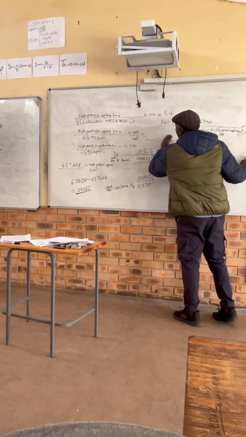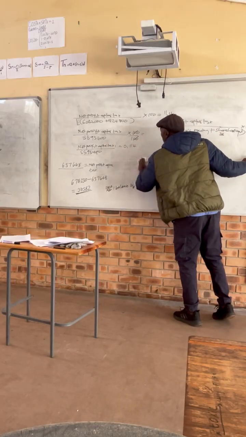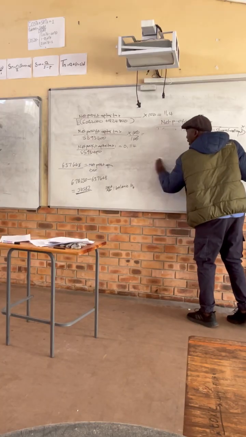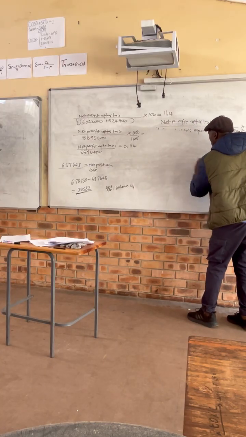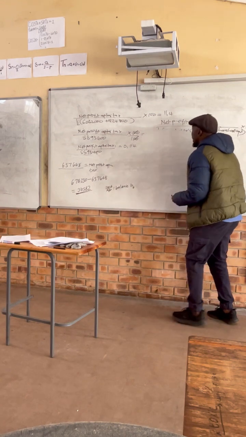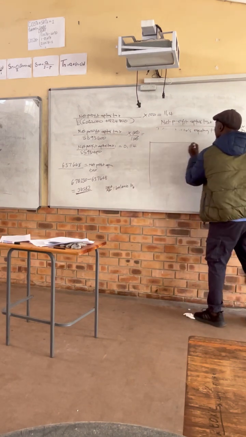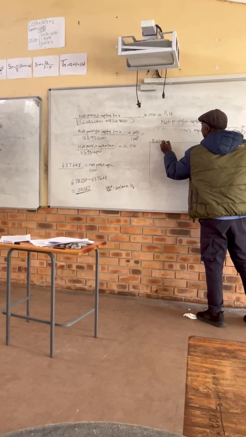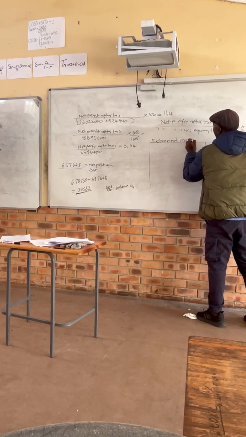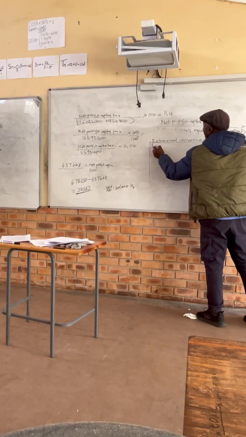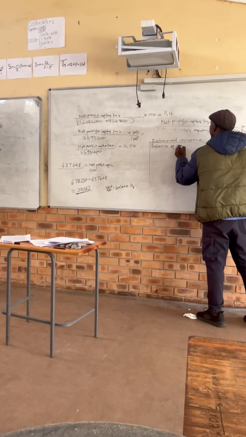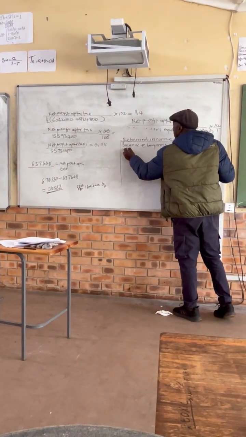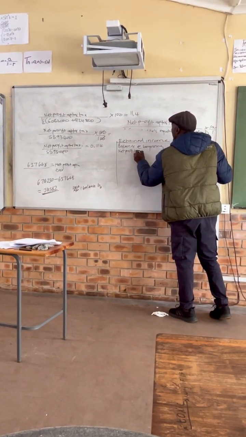The structure is very important. You must know how to prepare your retained income. How do we prepare our retained income? Here's the structure. Balance at the beginning. Then net profit after tax.